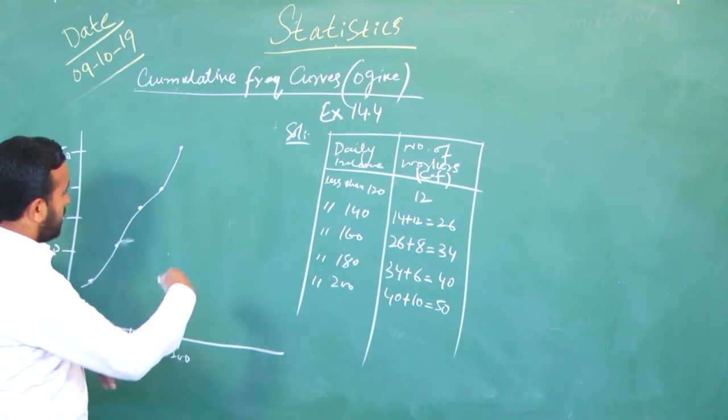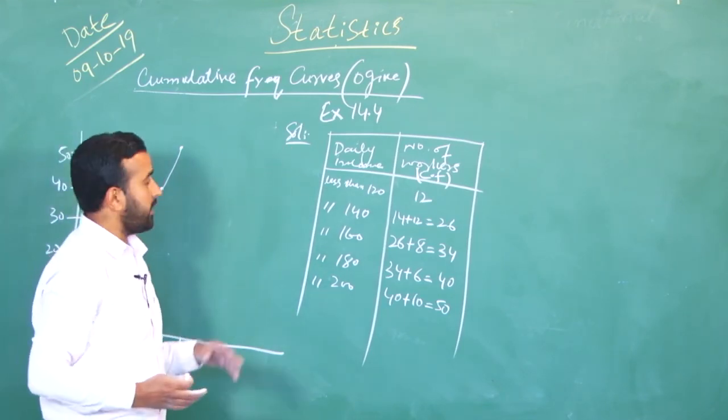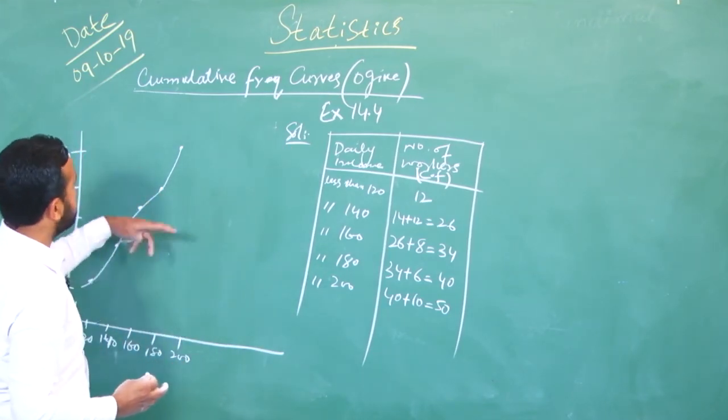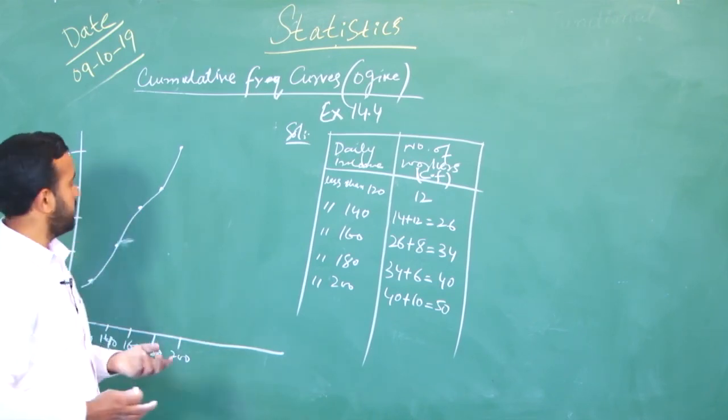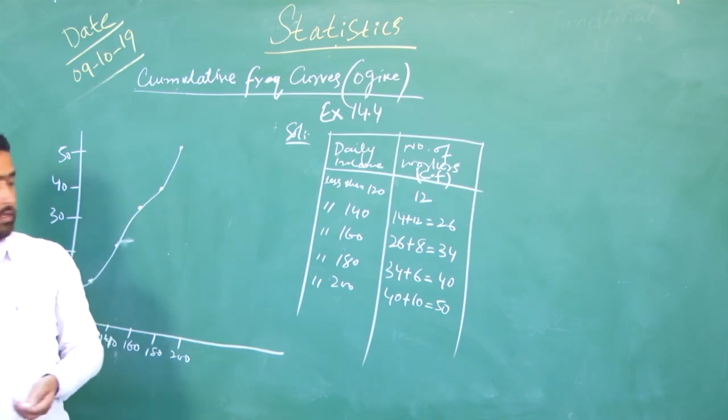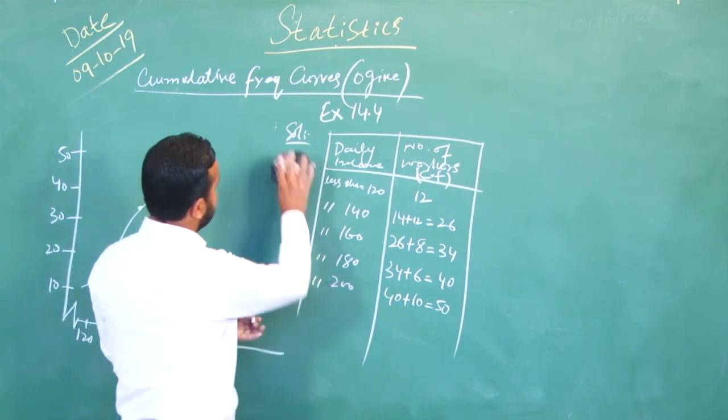Now we'll take the next example, which will be the final example, to understand how to draw the more than type of frequency distribution. Let us take the example.